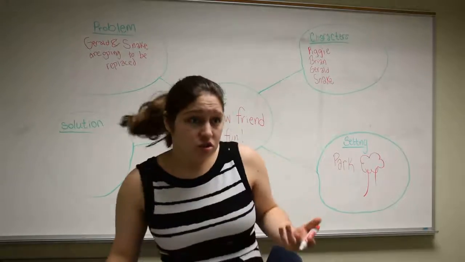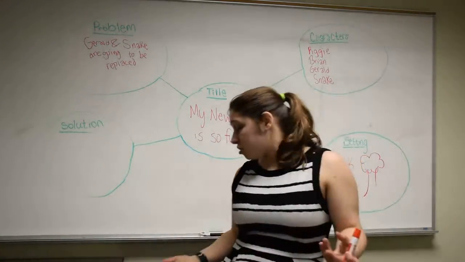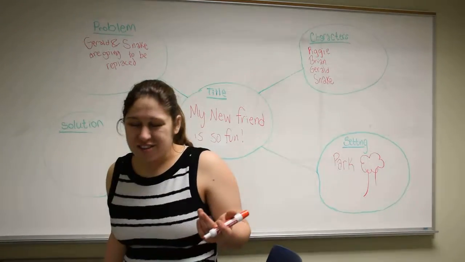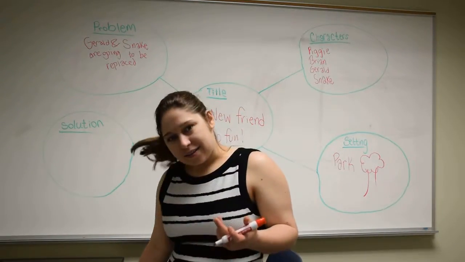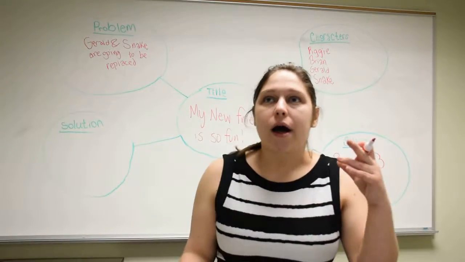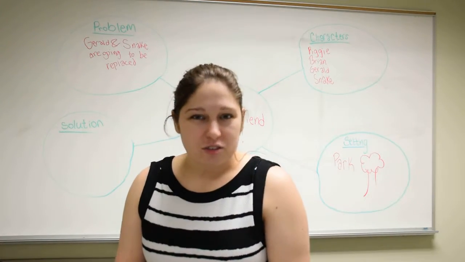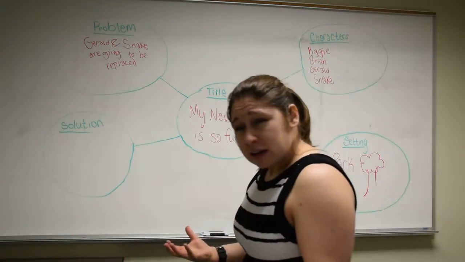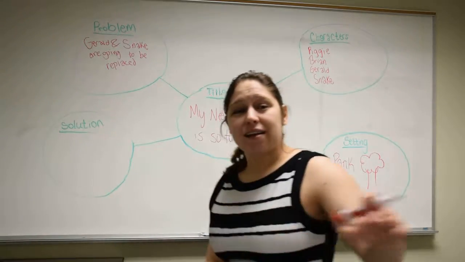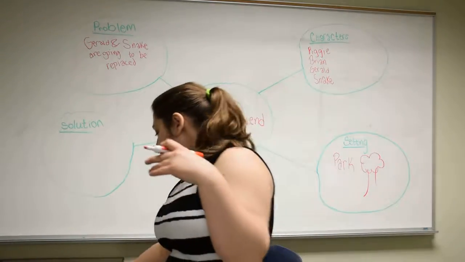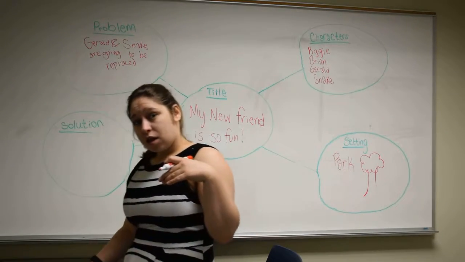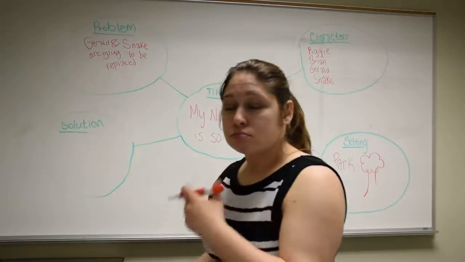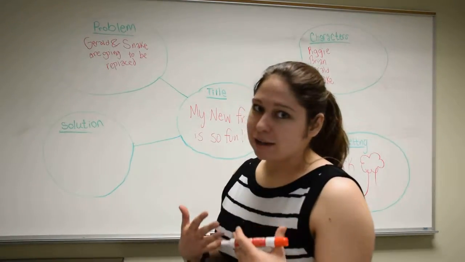So I'm going to think about the solution. Well, the solution of the story really is that Gerald and the snake realized that they had nothing to worry about. But what makes them realize they had nothing to worry about in the first place? When we think about it that way, what makes them realize that is the fact that Piggy and Brian drew pictures of their best friends, and their best friends were Gerald and the snake, not each other.